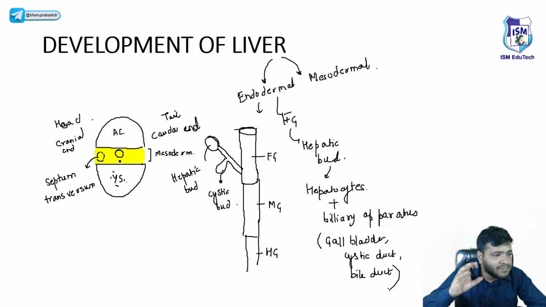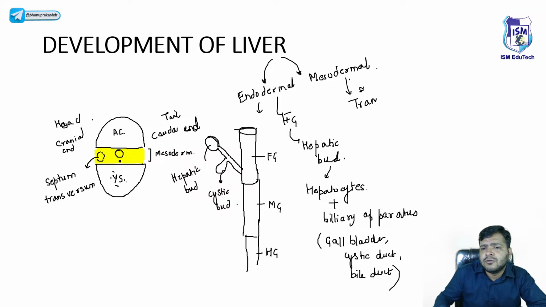Now when I say mesodermal origin, guys, you should remember it is developing from the septum transversum. And remember, the septum transversum will give rise to the stroma of the liver. When I say stroma of the liver, it means the connective tissue that is present inside, and the macrophagic cells.